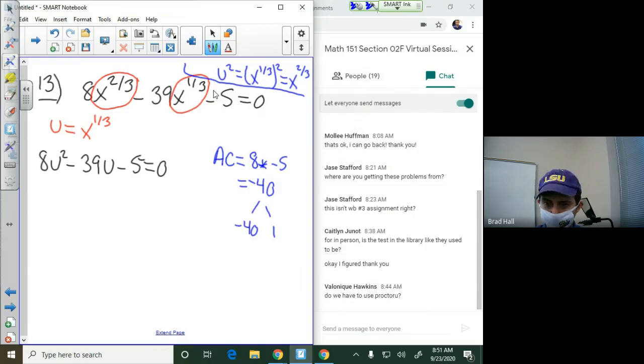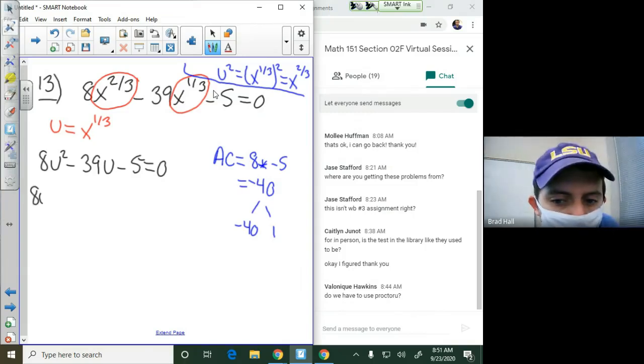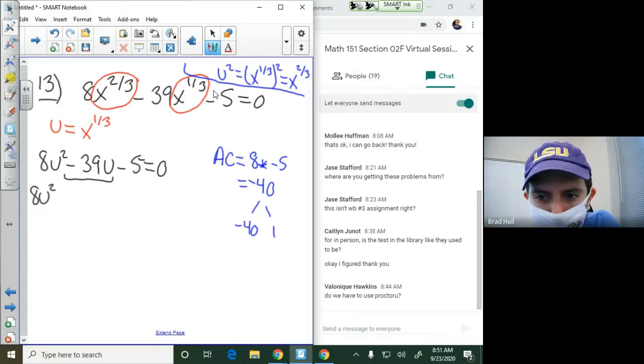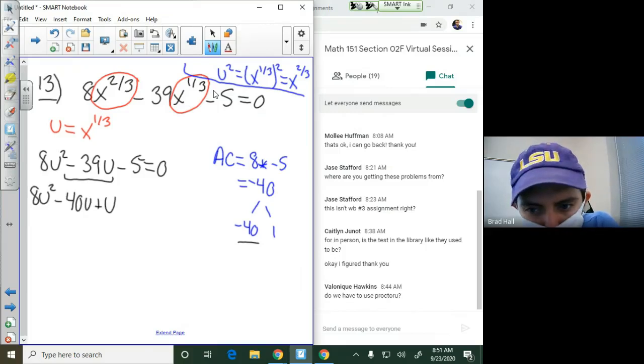This is just using the AC method. This tells us that we can replace negative 39u with negative 40u, that's the first one, plus 1u, so this one. And then minus 5 is equal to 0.